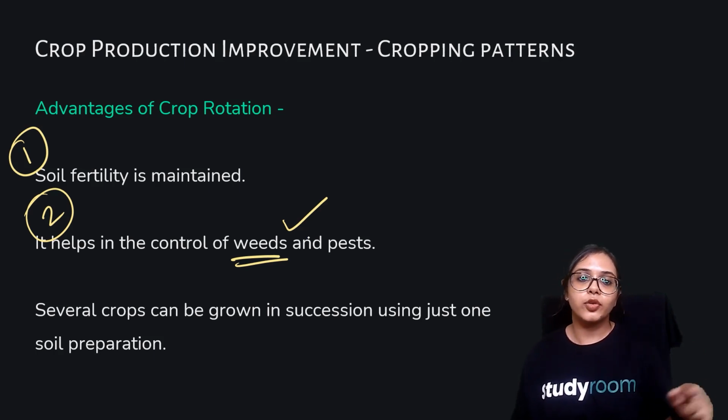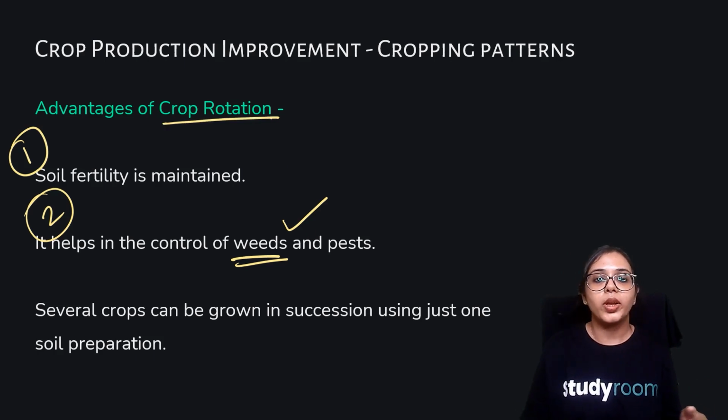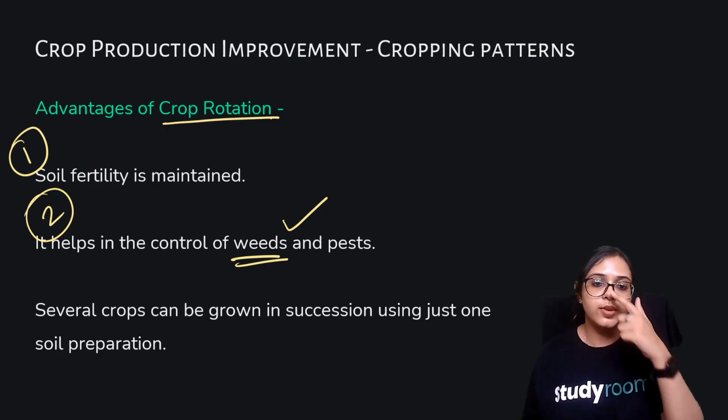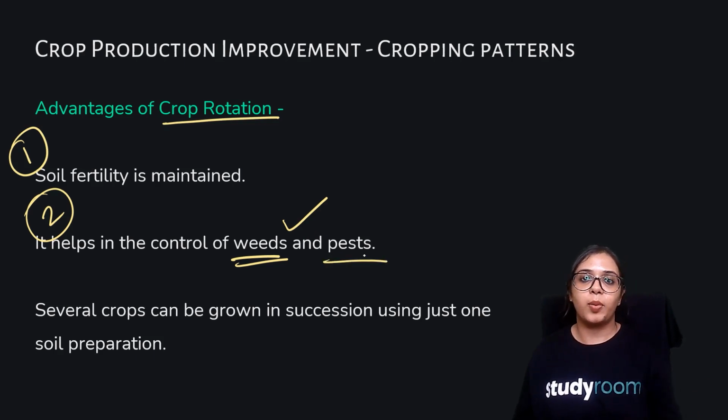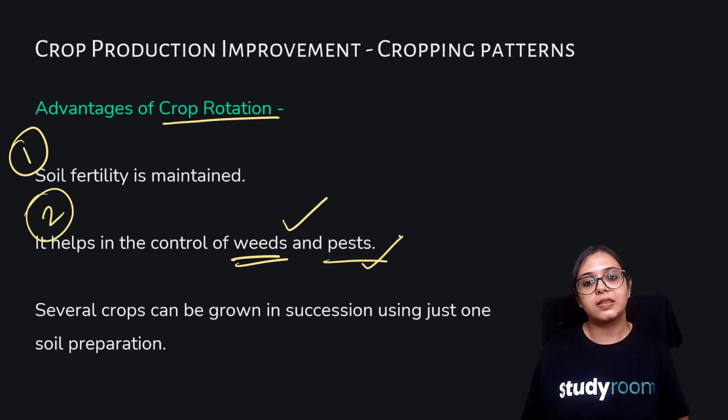All right, so if you are growing crops in rotation, this will ensure that these weeds will grow in lesser and lesser amount. And also, if some kind of plant is vulnerable to a pest attack, the crop rotation would also ensure that the pest attack would be decreased.